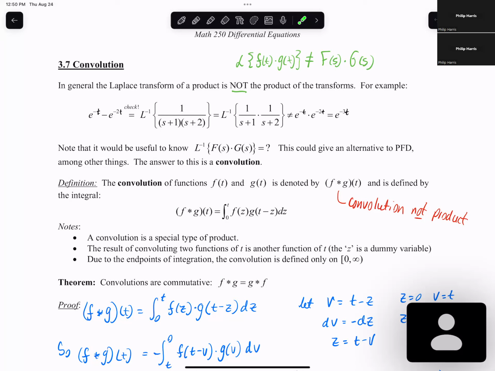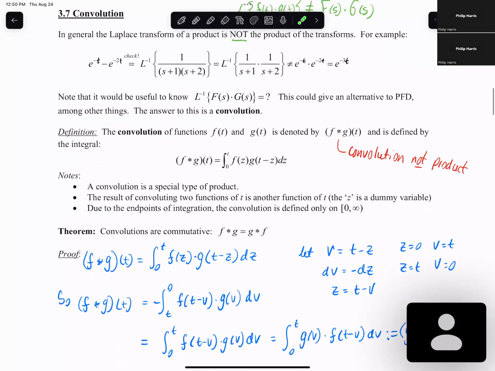The convolution of f and g of t. This is the notation for it. So this asterisk, definitely in this section, means convolution, not just a product. And again, it is defined by this integral as we had previously mentioned.